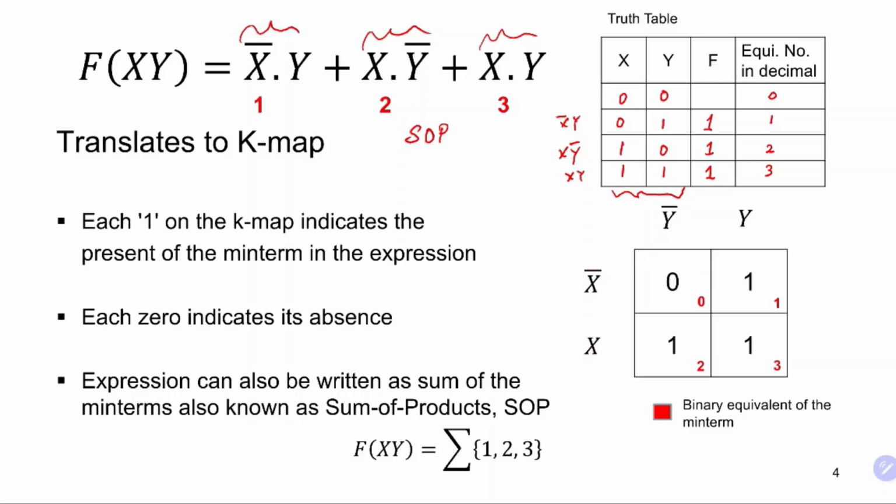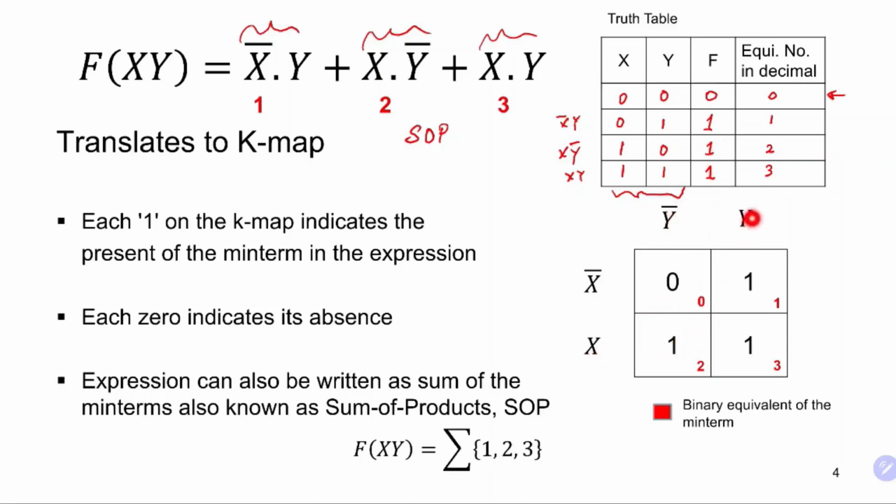And then each location of my grid corresponds to, it's just like a graph. So this here corresponds to x bar, y bar. So basically this is this location here of my truth table. I got a 1 there, I'll put a 1 in my grid. And here is x bar, y. I got a 1 in my truth table, I'll put a 1 there. And then x, y bar, I got a 1 in my truth table, I put a 1 there.